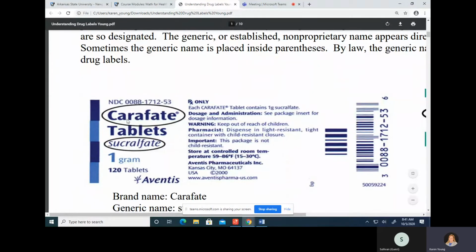That makes the Carafate the brand name. This Securate something is the generic name. This is a chemical that's in it. Each tablet has 1 gram in it. There's 120 tablets total. This Inventus is the manufacturer, the pharmaceutical company. It's here and here.